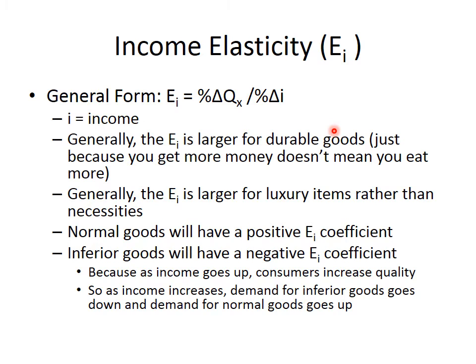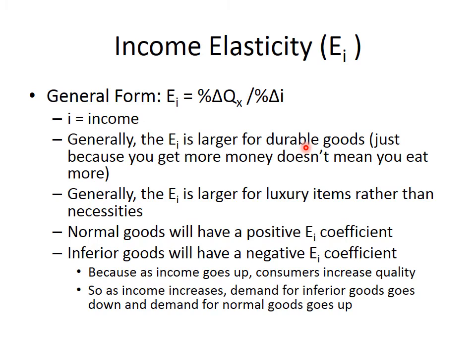Well, just because I make more money doesn't mean I'm going to eat more. If consumable goods had a high income elasticity, then the more money I make, the more consumable goods I would use. Now if that were the case, then Bill Gates would be the size of a small planet, wouldn't he?